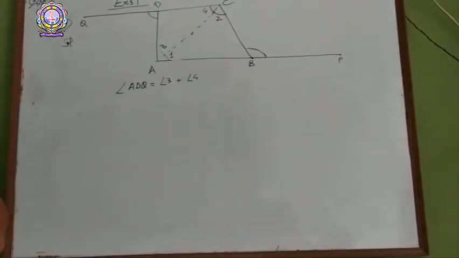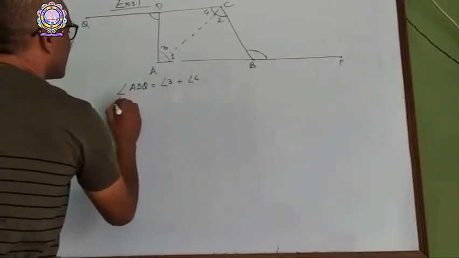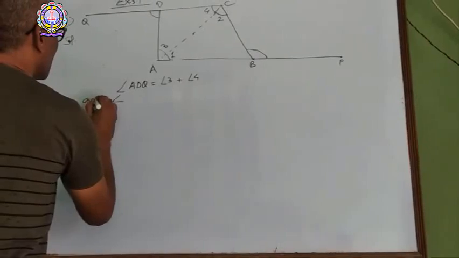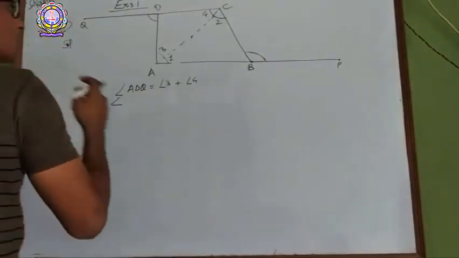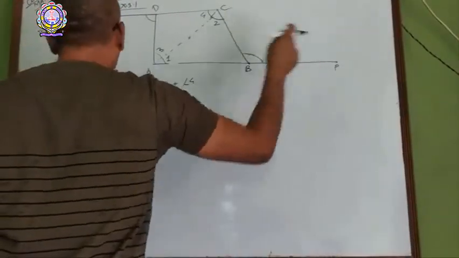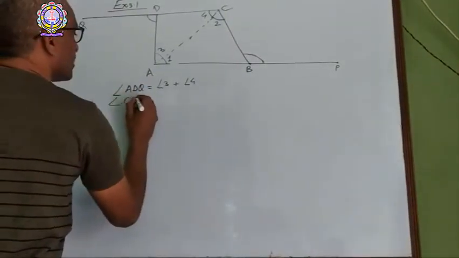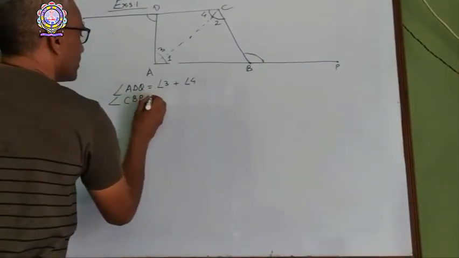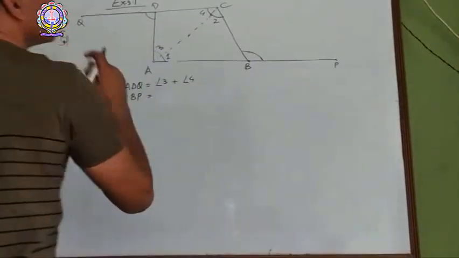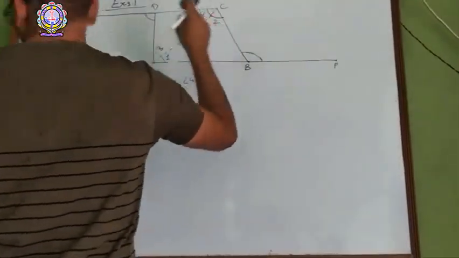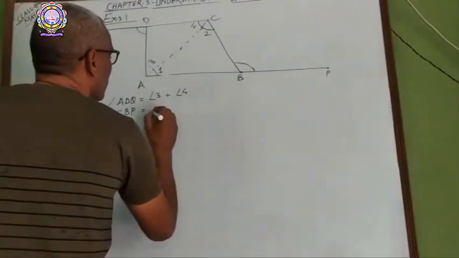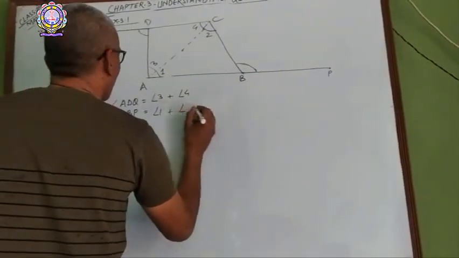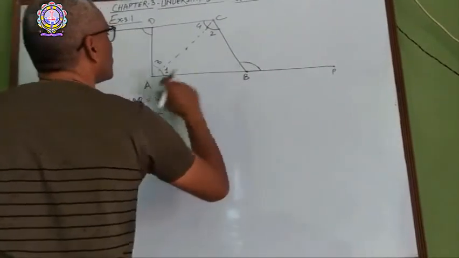Okay, and angle CBP will be equal to angle 1 and angle 2.